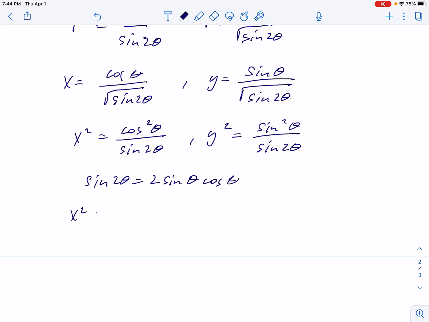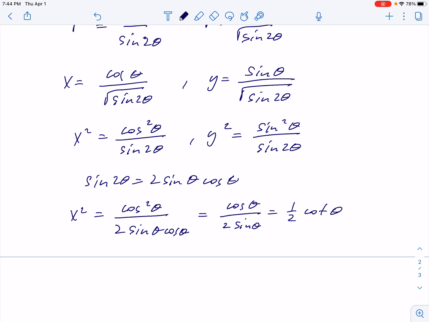So x squared will be cosine squared theta over 2 times sine theta cosine theta. Reducing by cosine, this is cosine theta over 2 times sine theta. So this is 1/2 cotangent theta.